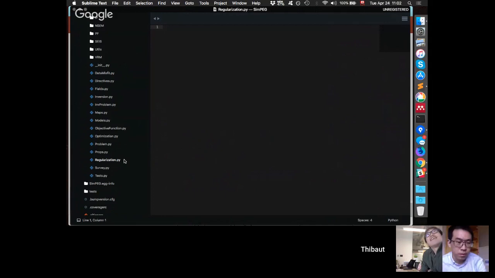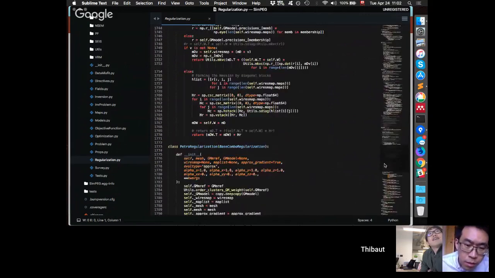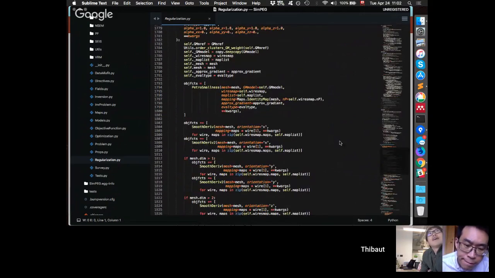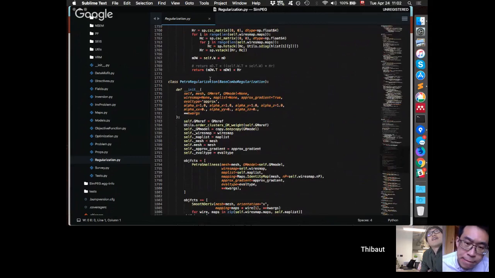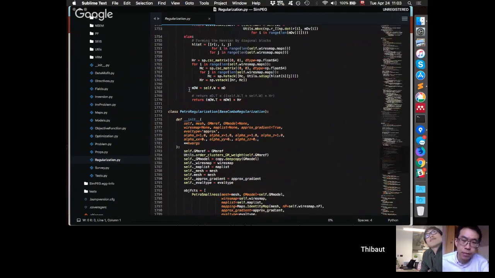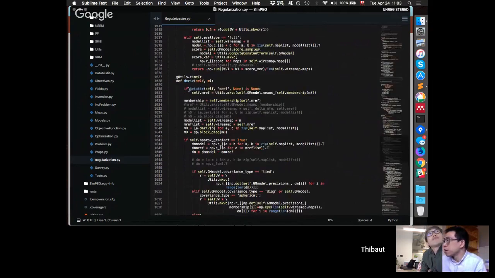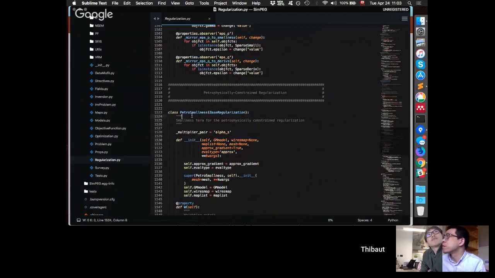If I can just, in a very quick way, I hope I'm on the right branch, but yes. So I have a class, petrol regularization, and now I have a petrol smallness class.